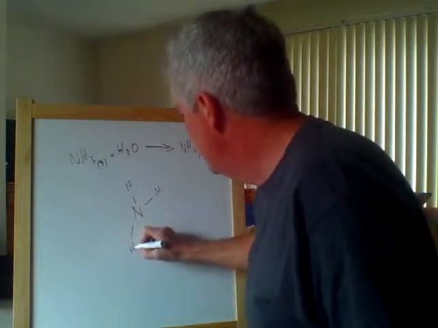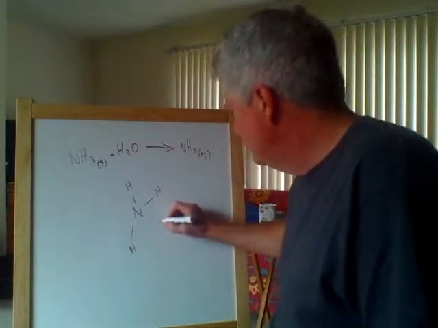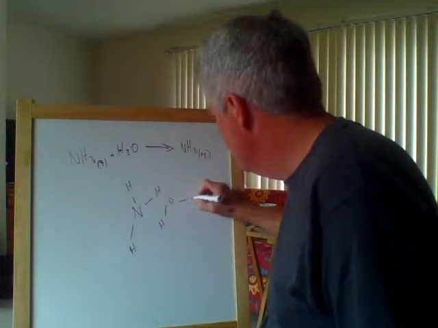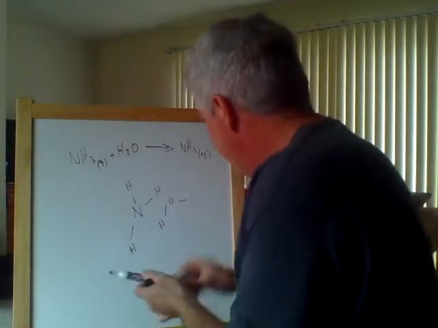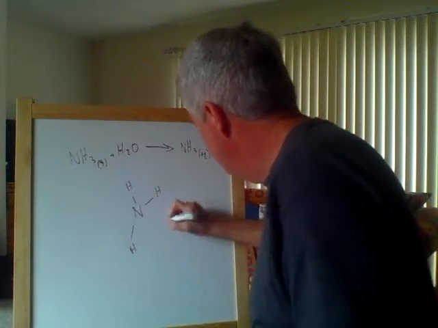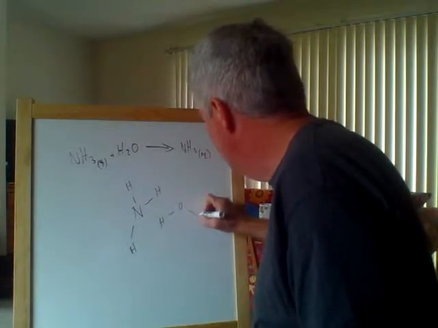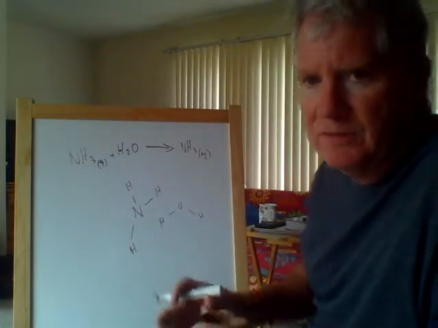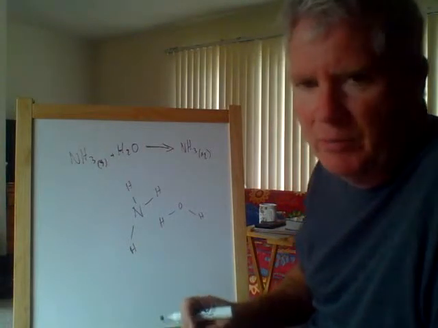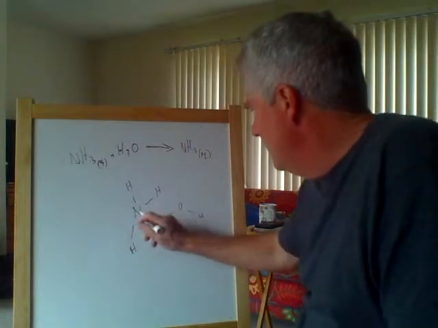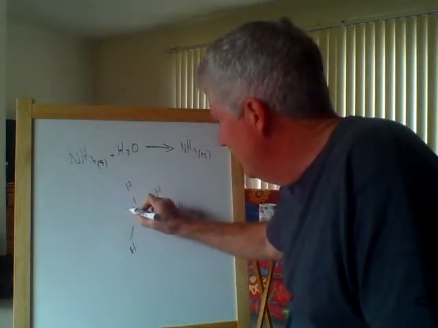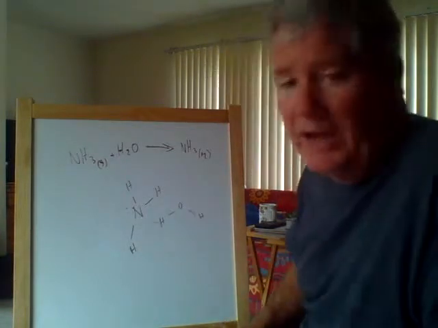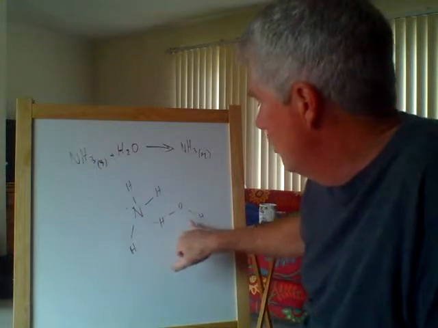Draw my ammonia. And when water comes around, HOH, it turns out the affinity here, from an electromagnetism standpoint, is that the nitrogen has a little bit of an excess negative affinity, and so it can actually take on and grab a proton away from some of the water molecules.